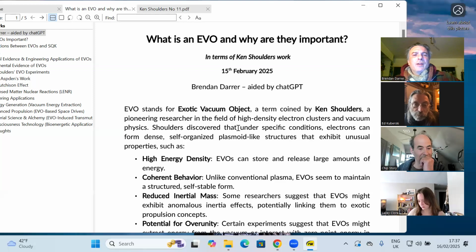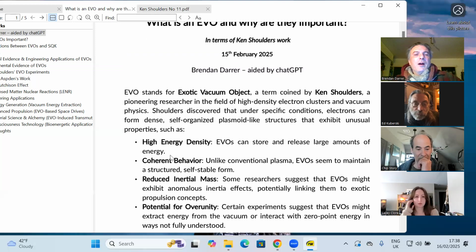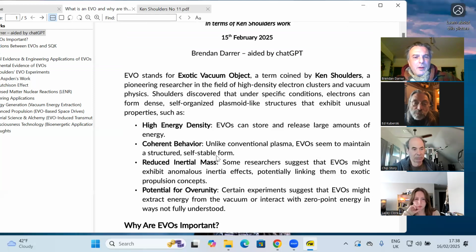Shoulders discovered that under certain conditions, electrons can form dense self-organized plasmoid-like structures that exhibit unusual properties, such as high energy density. EVOs can store and release large amounts of energy. Coherent behavior: unlike conventional plasma, EVOs seem to maintain a structured, self-stable form.